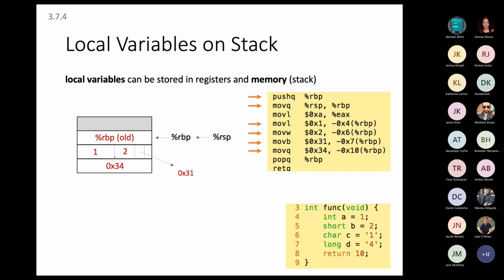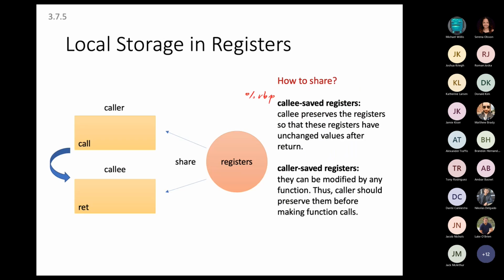When the callee wants to set up its own base pointer right here, it has to save the caller's one. This is trying to save the caller's one. So we call this kind of register callee saved registers.